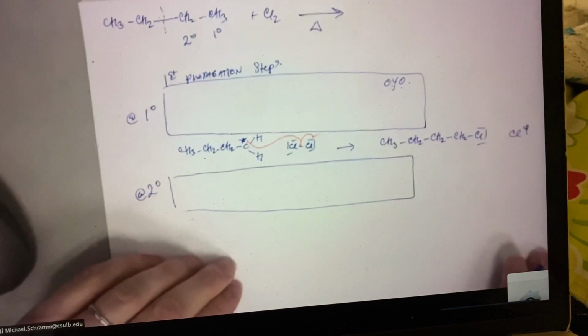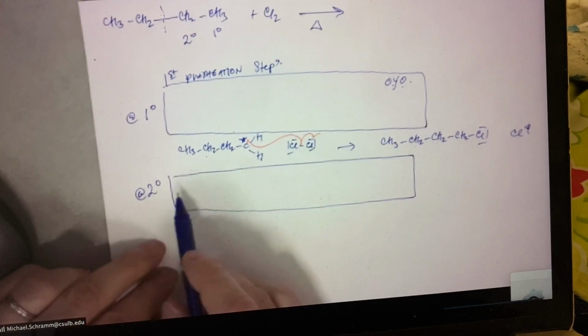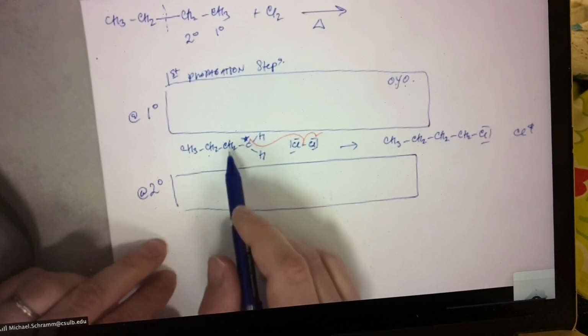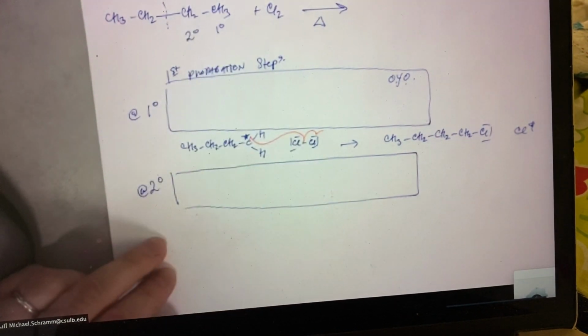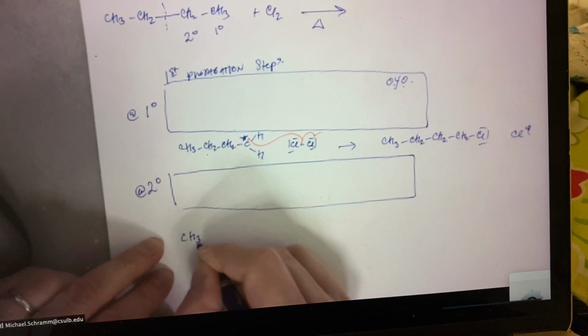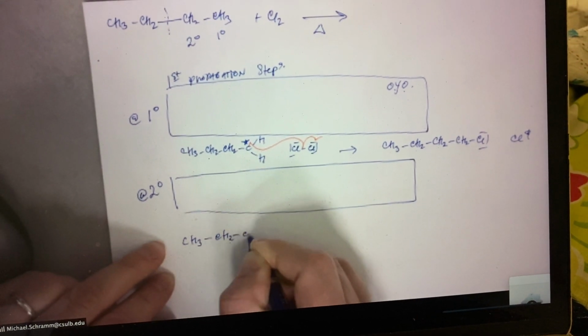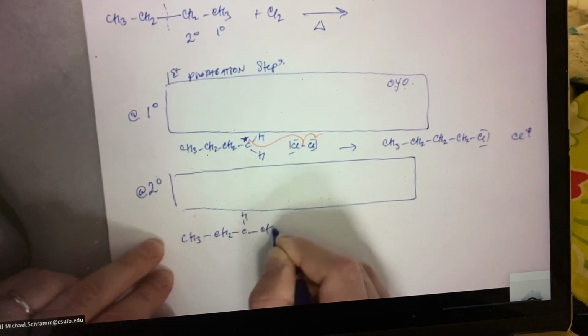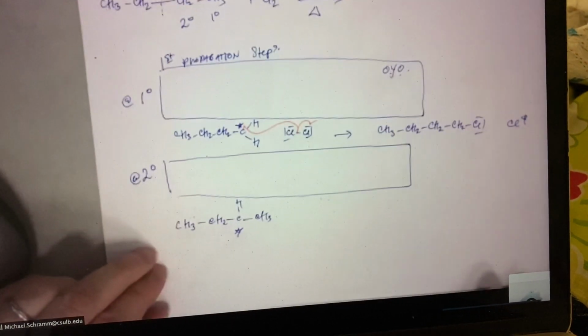Okay, and I want you to do the same thing for the second propagation step. You would draw in butane, you'd be plucking off a different hydrogen atom with chlorine radical, and what you would get to, if you get through that step successfully, you get a radical that looks like this.